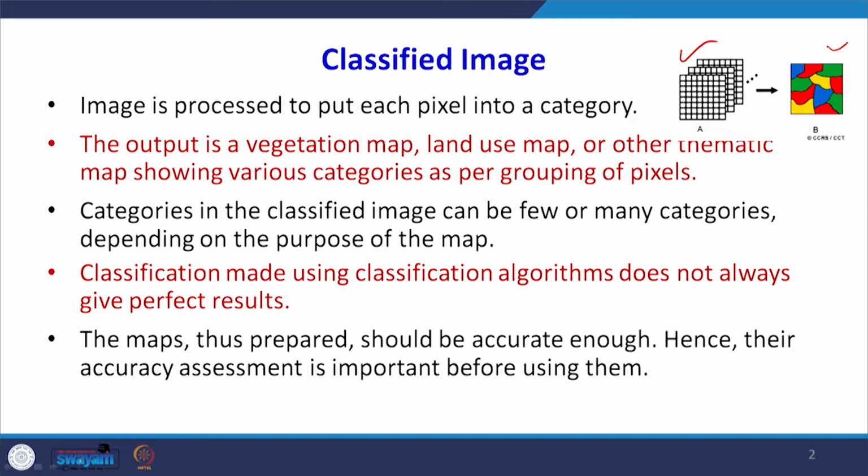This output could be a land use and land cover map, or a vegetation map, or a thematic map showing various categories of groups of pixels. If there are 10 classes present in the map, you have to ensure the overall accuracy of the map and also the accuracy of each and every class.